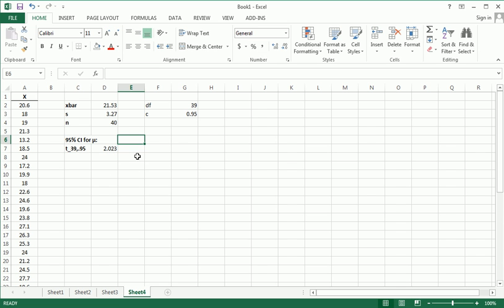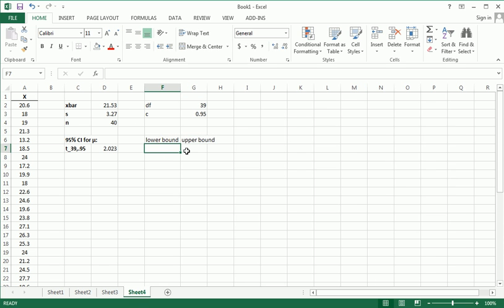So let's do lower bound first, and then upper bound, because a confidence interval has a lower bound and an upper bound, right? So in the lower bound, let's do equals. Remember the formula I had up.